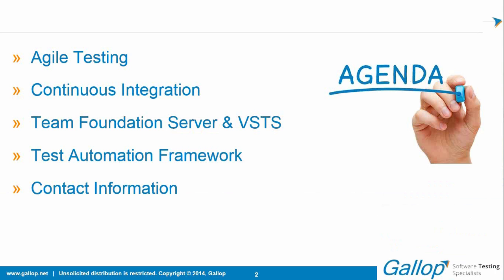So basically, when we are talking about continuous integration, it is very important for us to understand agile testing, and then I will cover something about the continuous integration concepts. Then we will look at the Team Foundation Server and the VSTS offerings, various features and various configuration settings.